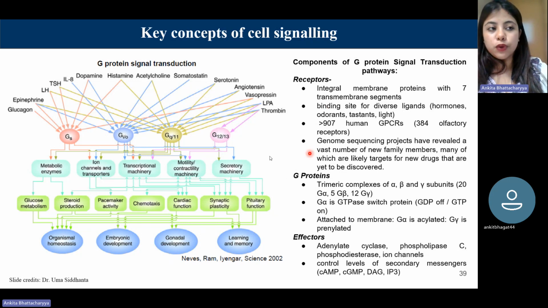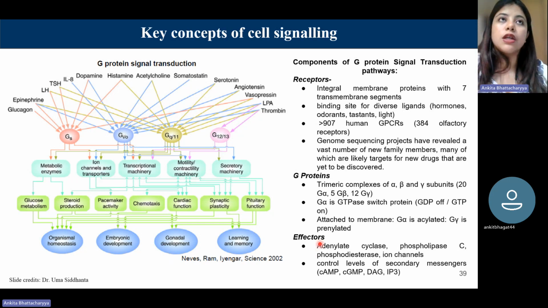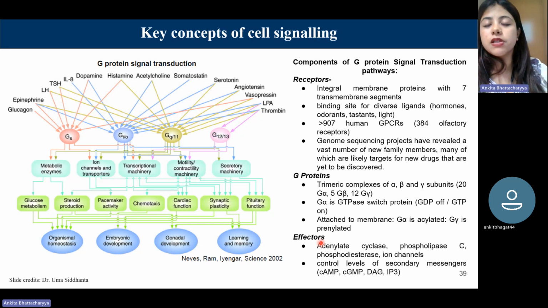But if you study this in a little more detail, you'll see that GPCRs are everywhere, and they're very crucial receptors involved in very simple sensory pathways, like, for example, taste, smell, sight, or vision in general. All of these involve GPCRs in one way or the other, and they're very crucial.